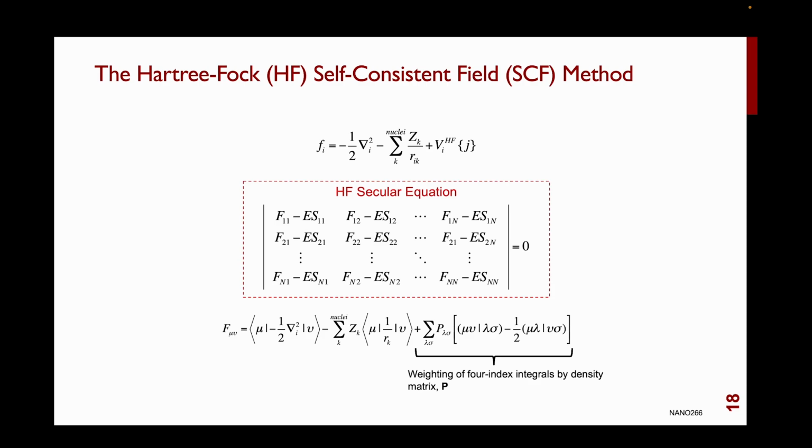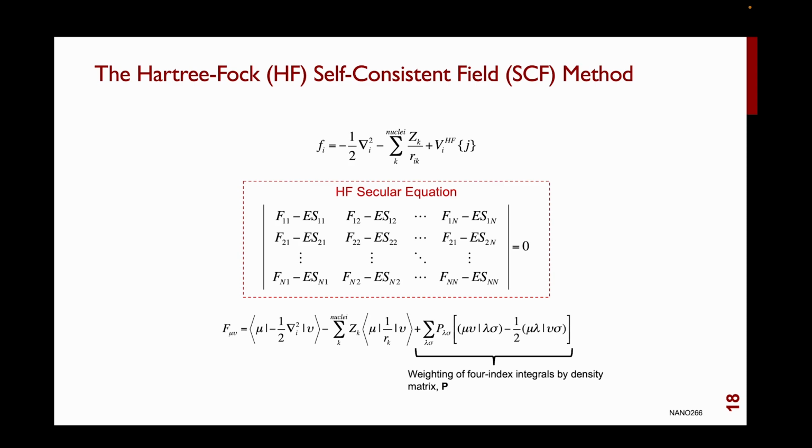So in the Hartree Fock approach, your individual electron operators are now what are called the Fock operators. You still have your kinetic energy term, your nuclei term, and your external potential is now given by what is called your Hartree Fock potential. This equation still looks very similar to the one that I showed you for the Hartree self-consistent field approach, except that instead of your resonance integral, now you have your Fock integrals.